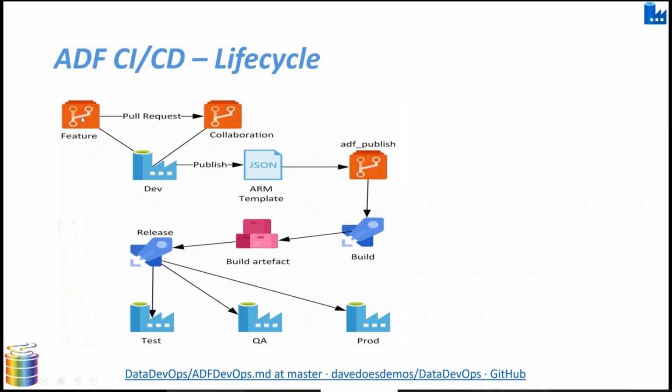Once I'm happy with my changes, I will create a pull request, and once my pull request is approved, my code goes from the feature branch to my main branch. Then I need to come into Dev Azure Data Factory and click on the publish button manually. Then it will generate ARM templates and place them into an automatically created branch, which is the adf_publish branch.